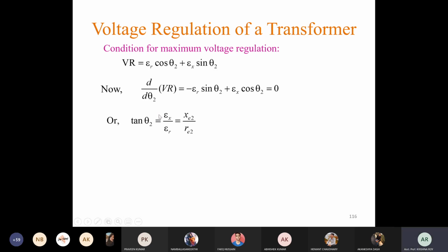So this is the condition for maximum voltage regulation, and at that condition the power factor will be Re2 by Ze2. When the power factor is equal to Re2 by Ze2, the voltage regulation will be maximum.